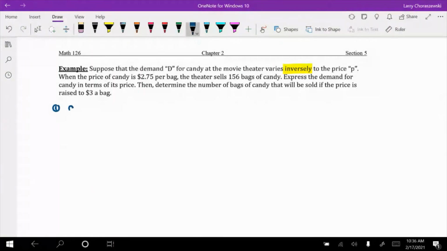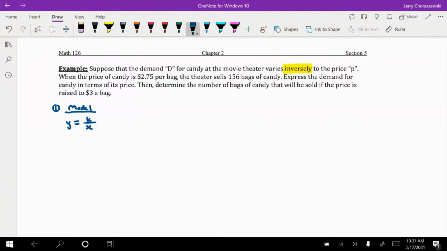Let's start with the model part of the solution. It does say varies inversely, so you do want to choose this model instead of the one we used in the last problem, k divided by x. But again, they don't use the variables y and x, they use d and p.